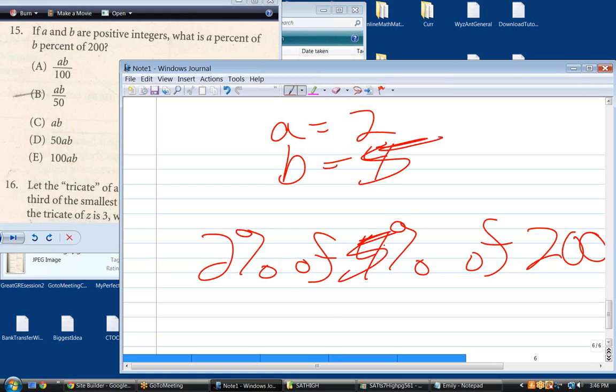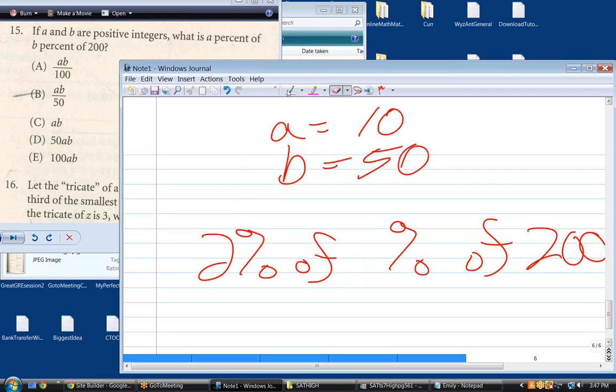It's going to make the math easier. So 2% of 5%. In fact, let's make the math much easier and let A equal 10 and B equal 50, because I'm going to get confused with my decimal point if I have too small numbers.